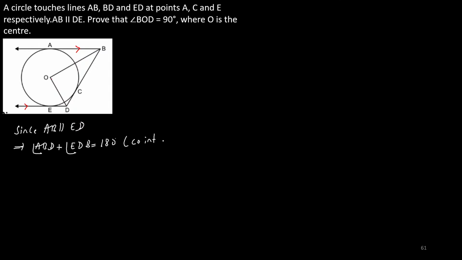Because they are co-interior angles. Clear? So now when I divide by 2 on both sides, ABD by 2. I can still do, but we don't know it's a bisector, right?